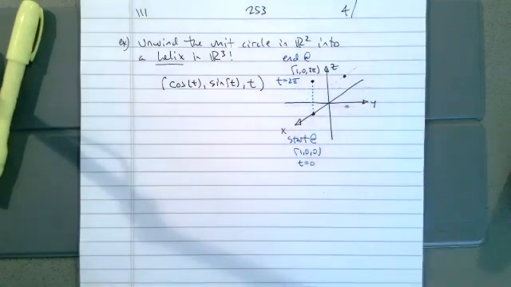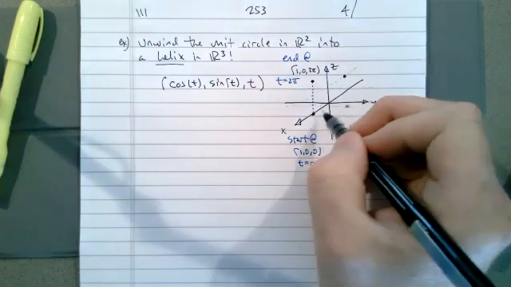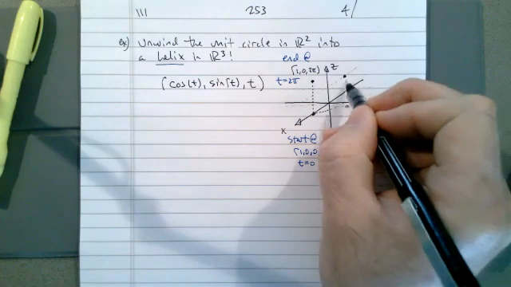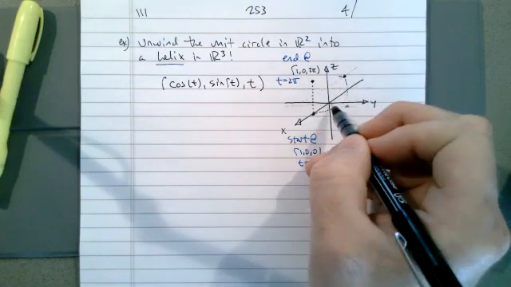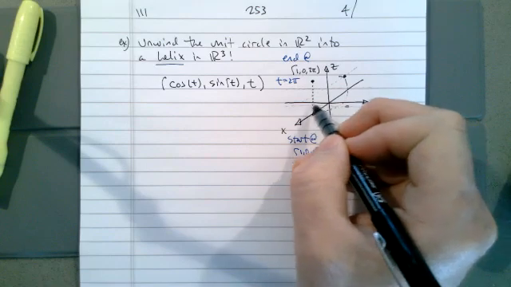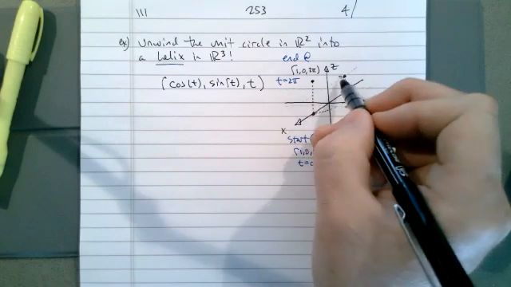it'll be hard to see. I can't draw it. So I'm going to be at 0, -1, pi.